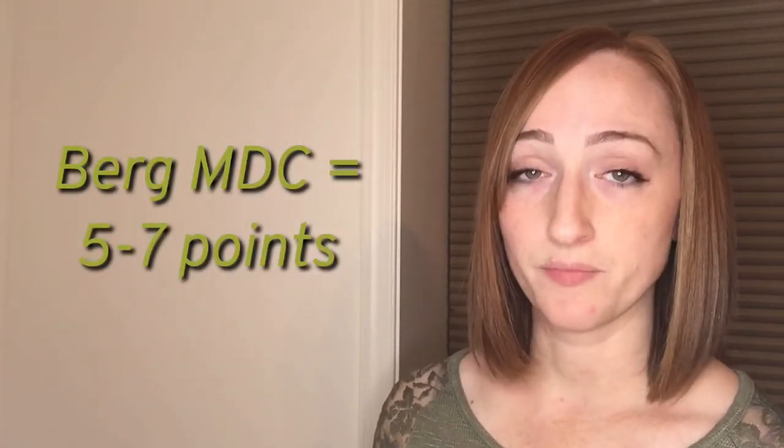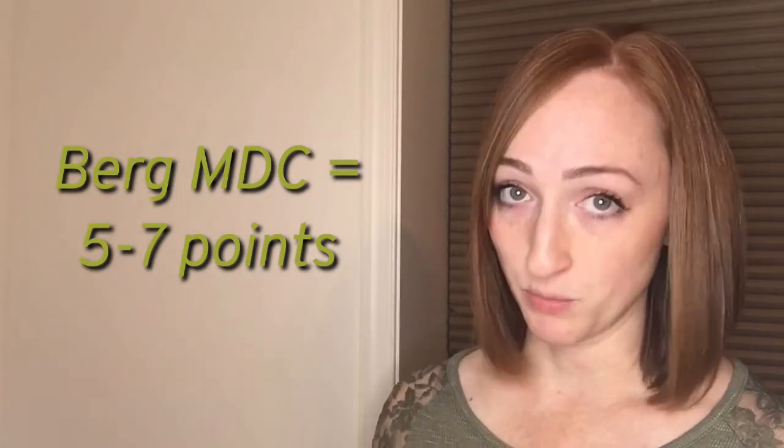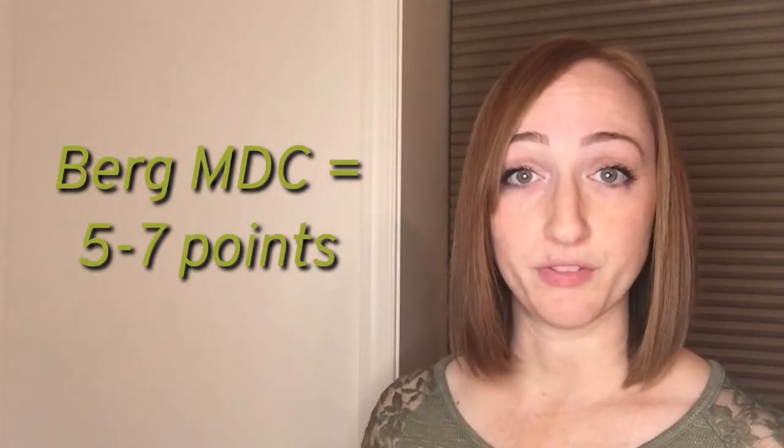The Berg balance test has a minimal detectable change of between 5 and 7 points, depending on number one, which study you look at, and number two, what their initial score was. So if they make a change of between 5 and 7 points, that means that that's significant. That's clinically significant. You've changed their balance for the better.